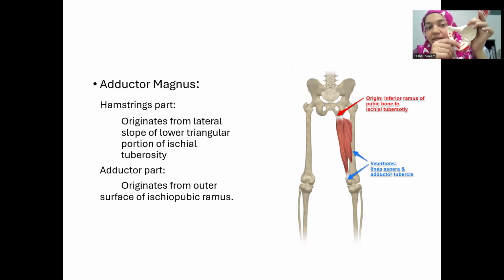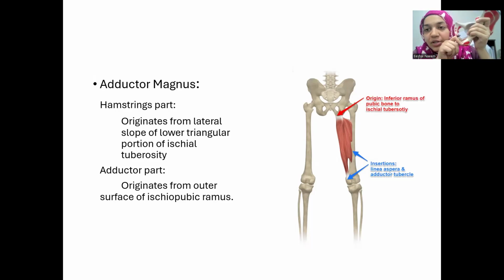But the adductor magnus comes off from the lateral slope of the lower triangular area. No, the adductor part of the adductor magnus. So there are two parts of the adductor magnus, right? A hamstrings part and an adductor part. The adductor part comes from the outer surface of the ischiopubic ramus. This is the ischiopubic ramus. I have no idea exactly where it's coming off from, but it's coming off from somewhere here in the ischiopubic ramus.